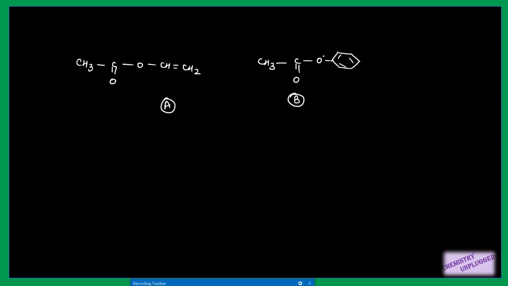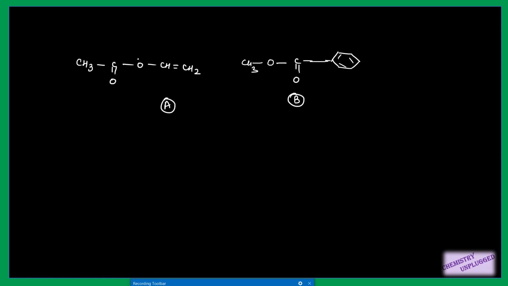Similarly, in this case also, this aryl group is substituted next to this oxygen. Now you can understand. This is your normal aryl substitution at the alpha position, and in this case your oxygen is next to unsaturation.